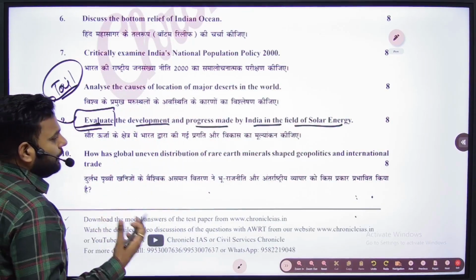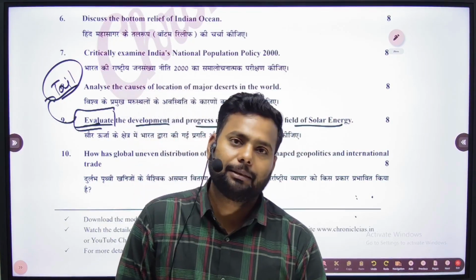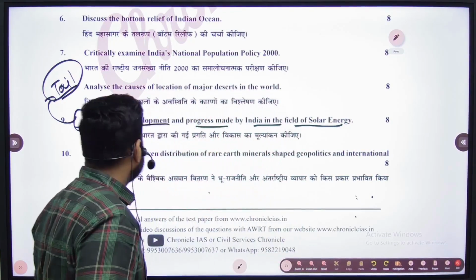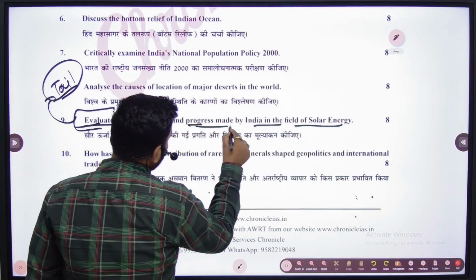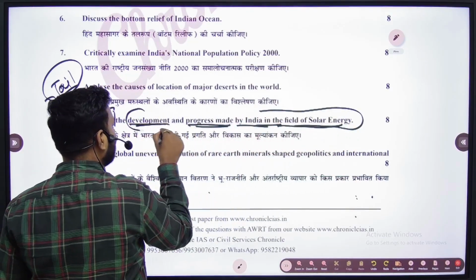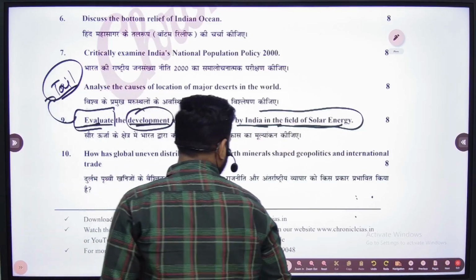Whenever we are saying that evaluate करना है, इसका मतलब है कि उसके pros and cons दोनों बताने हैं. ठीक, the development and progress made by India in the field of solar energy. क्या बताना है, development and progress made by India in the field of solar energy.